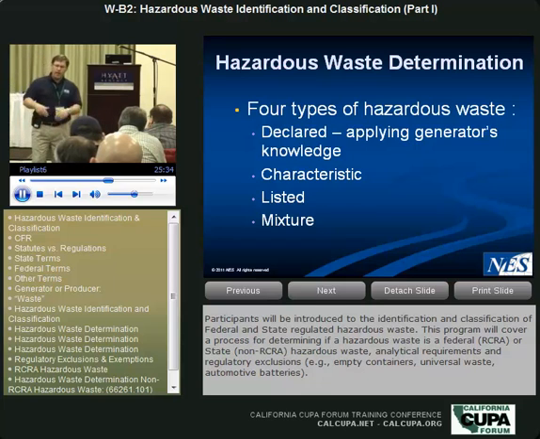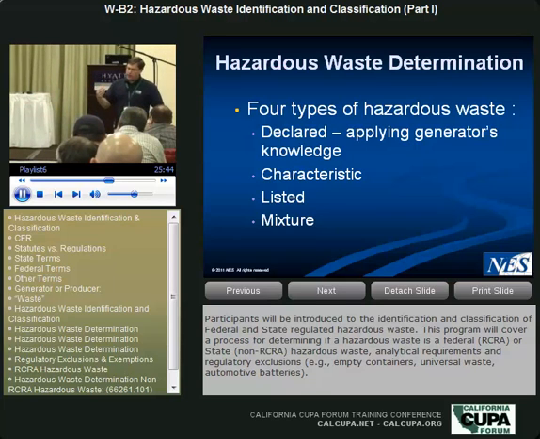Now I can uncapture it, but in those instances it's captured. And then we have something called the mixture rule. It doesn't really apply to a lot of what we do in the state of California, because a lot of the things that can occur federally under the mixture rule, we consider treatment in California, so we wouldn't be able to subscribe to that unless we actually had a tiered permit. But I'll cover the mixture rule as well.